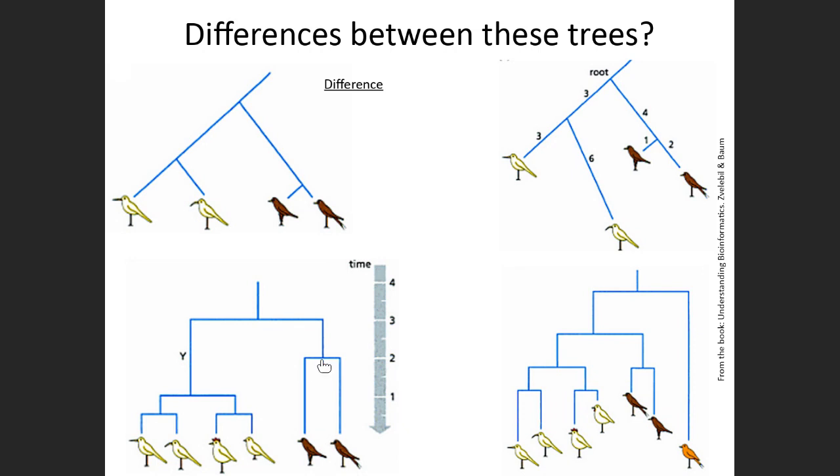So it lived between this timing point and here. The ancestor to these two guys is this one. When did it live? Well, it started existing when there was this speciation event here. So it lived between 2 and 3, whatever the scale is, but often it's millions of years ago. Okay, so the speciation event was 2 million years ago, or whatever the unit is.